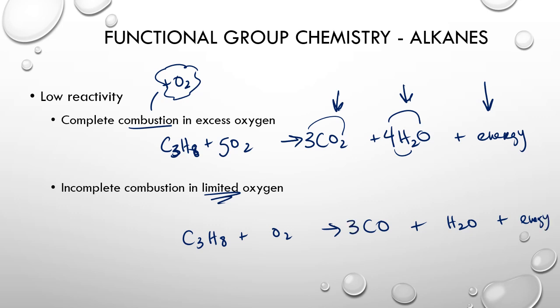When we balance this guy, we will notice that instead of 5 moles of oxygen, we only need 3.5 moles of oxygen in order to incompletely combust this propane. So more oxygen is needed for complete combustion, a little bit less oxygen is needed for incomplete combustion, but carbon monoxide is bad. Sometimes we can also get products of just carbon in the form of soot. This also is letting us know that there was some incomplete combustion.